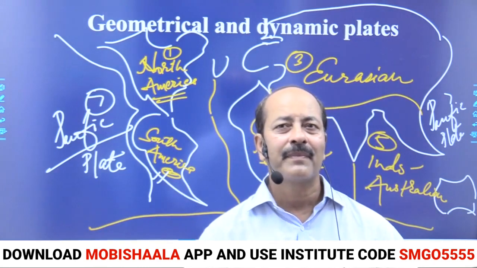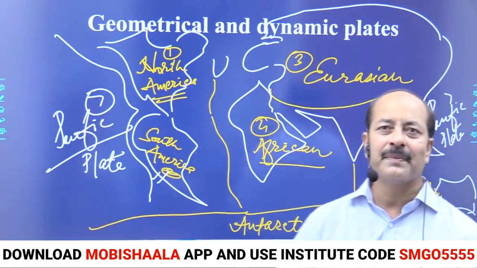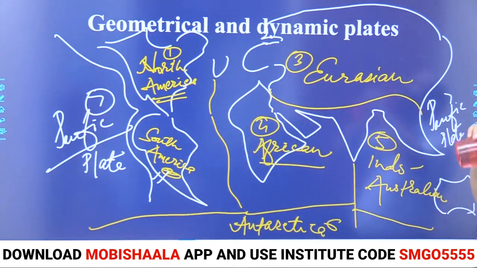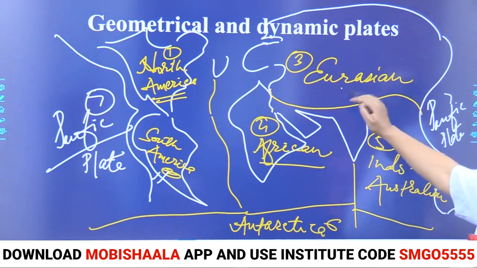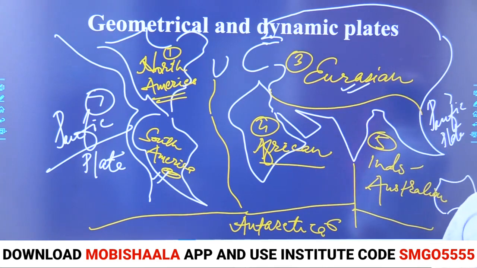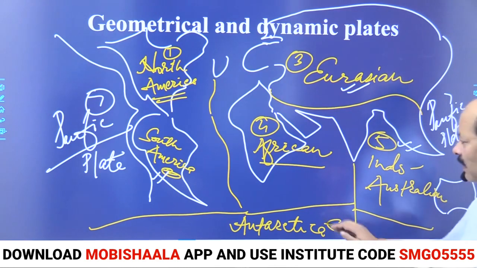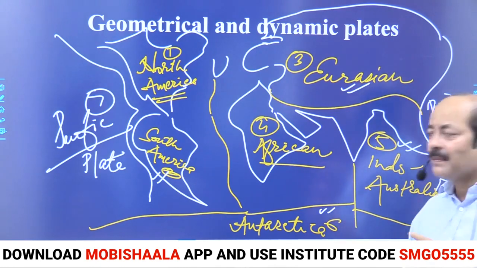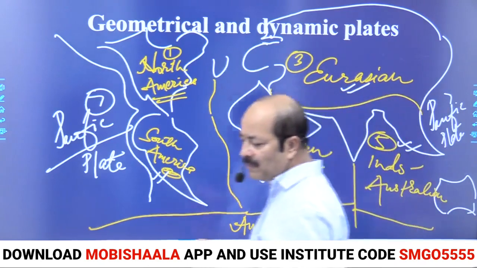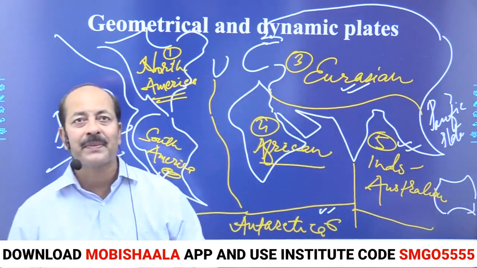the third one Eurasian plate, not African plate, the fourth one African plate, the fifth one Indo-Australian plate, then Antarctica plate, and the last one Pacific plate.